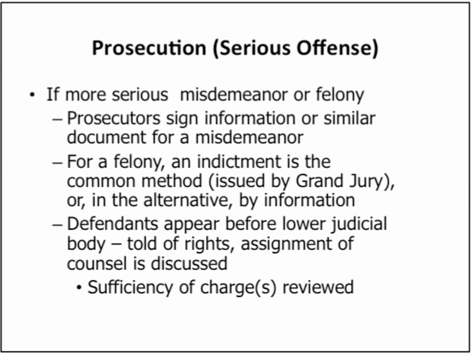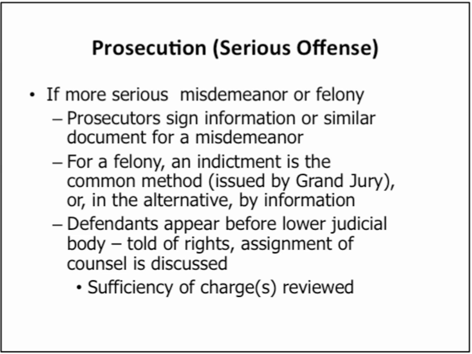For more serious cases, higher misdemeanors or felonies, the prosecutor signs an information. In a felony case, there might be an indictment by a grand jury, or an information. Usually there's some kind of preliminary exam and things are bound over to circuit court if there's sufficient evidence.